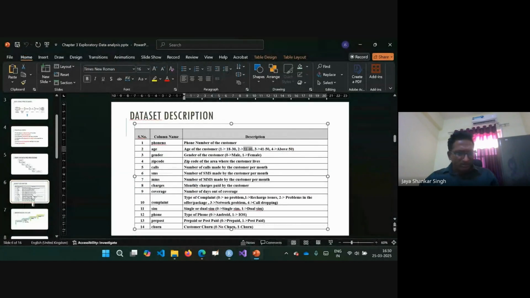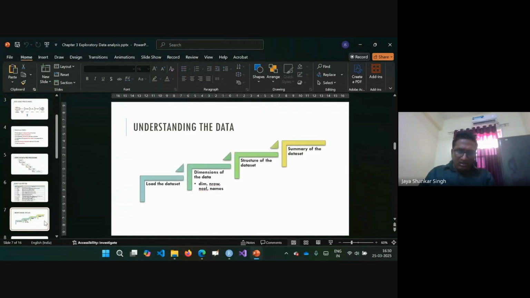Now let's go back to this data set and look over to something. So this is what we have already done. Understanding the data, we have loaded the data. We have gone through the dimension of the data. We use all these functions, names and rows and column names.